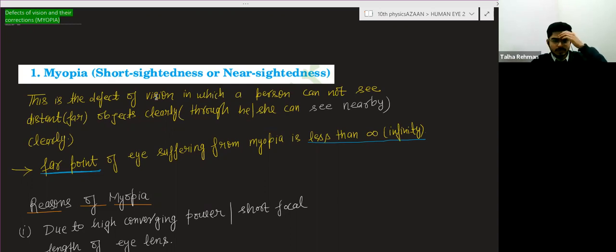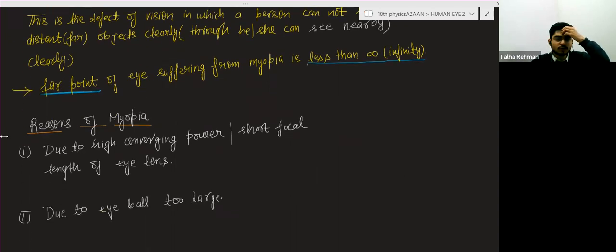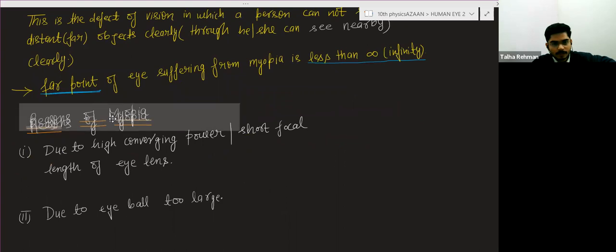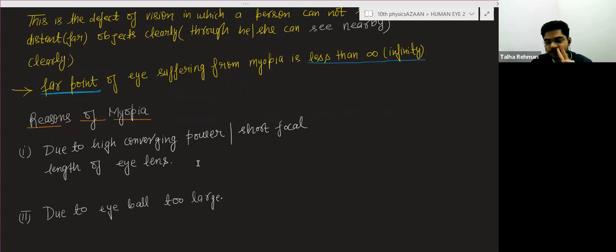Now, what are the reasons of myopia? Basically, we define two reasons for which there is myopia. Sometimes there is some problem in the eye lens, and due to that problem the converging power of the eye lens becomes high.